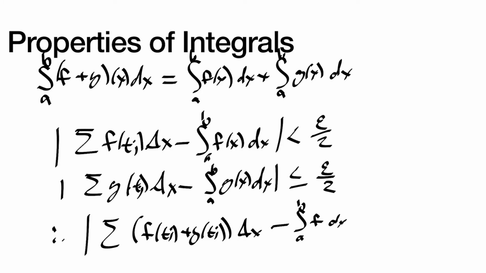And then we just get that minus these two sums is less than epsilon. And how would we do that? Well, we would split these sums up and then do the triangle inequality.